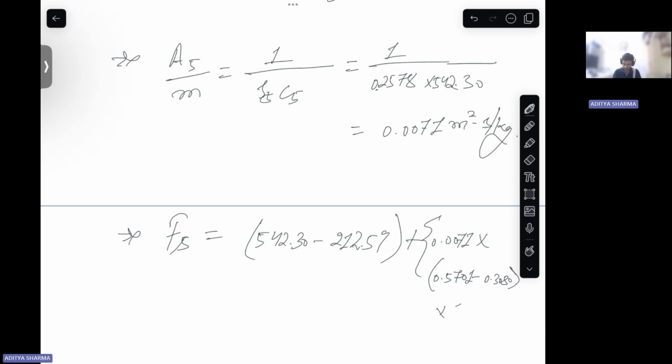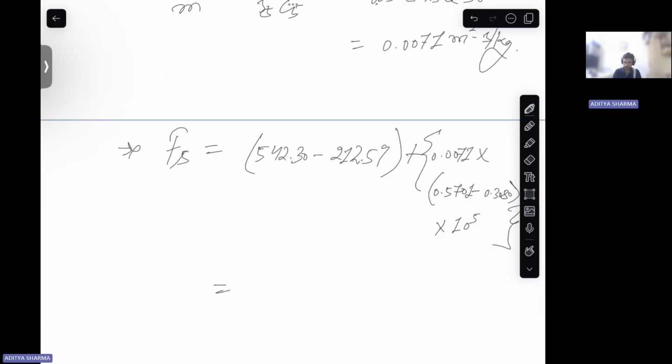Because this is in bar, convert it to Pascal. Now if you work this out, this will come out to be 515.80 Newton second per kg. This basically is your specific thrust.